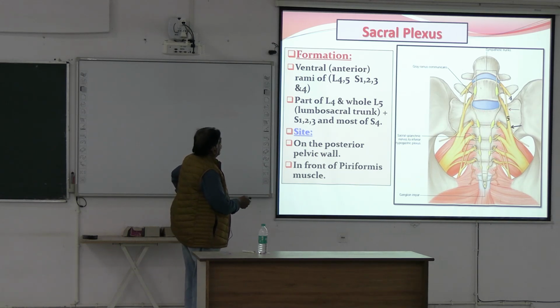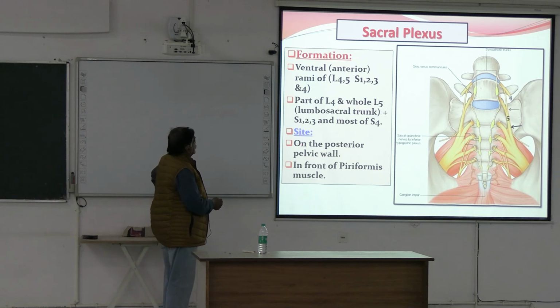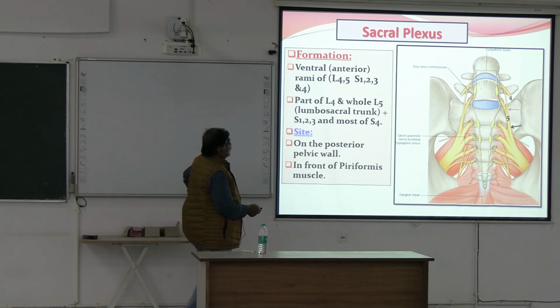This lumbosacral trunk plus sacral 1, 2, 3 and most of S4, these lower branches, lie on the posterior pelvic wall in front of the piriformis muscle. This is the sacrum, this is the pelvis.